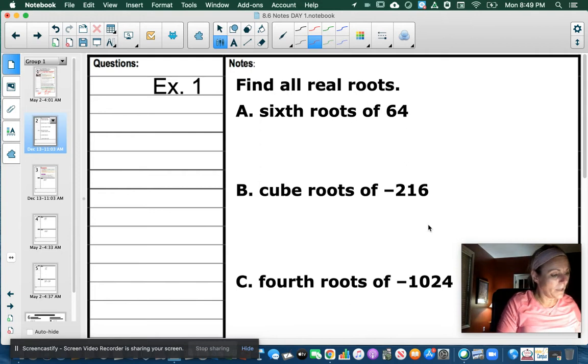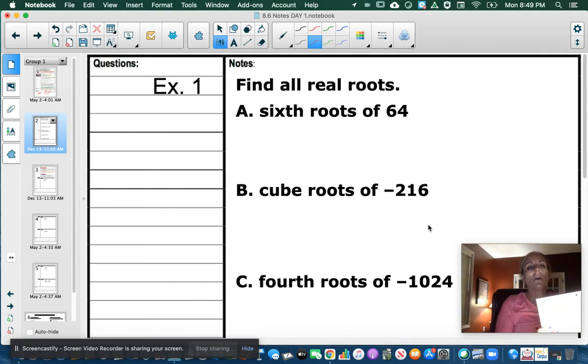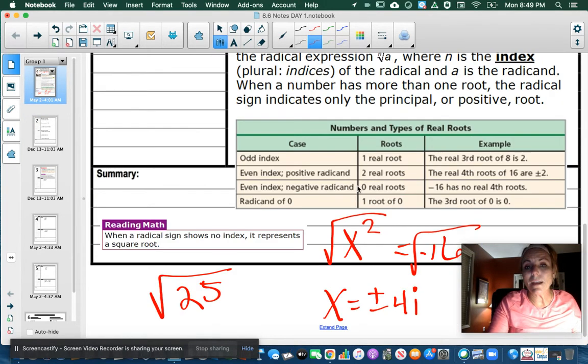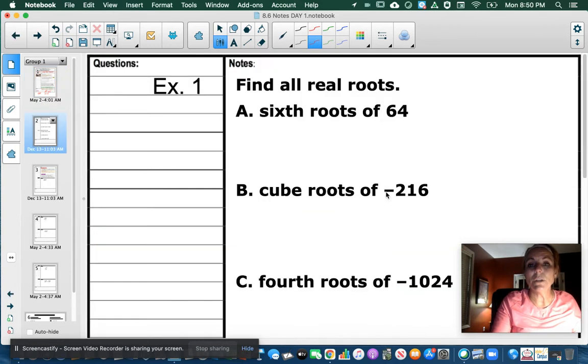Example 1. Find all the real roots. Right, it's asking for the 6th roots of 64. Well, 6 is an even number, so therefore, when we look back, even index, positive radicand, 2 real roots.